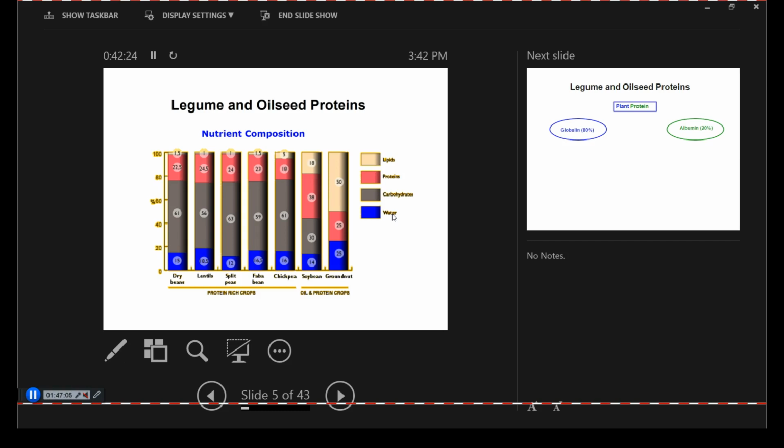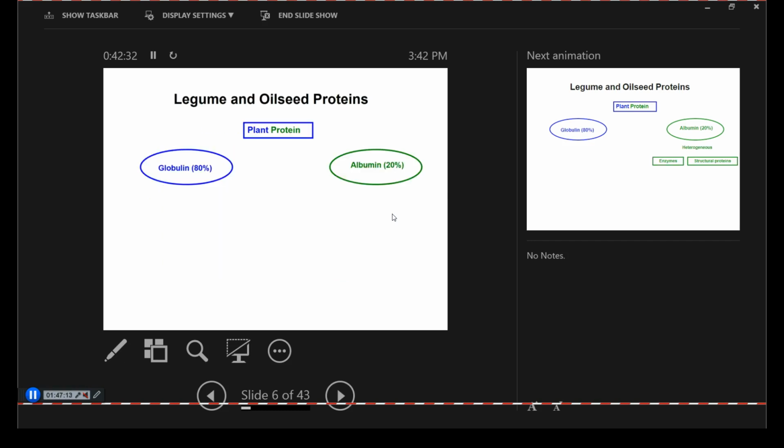So we don't care about carbohydrate and fat for this class, although they're valuable components. So we're focusing on plant proteins. Plant proteins in nature are mostly globulin proteins and albumin proteins.